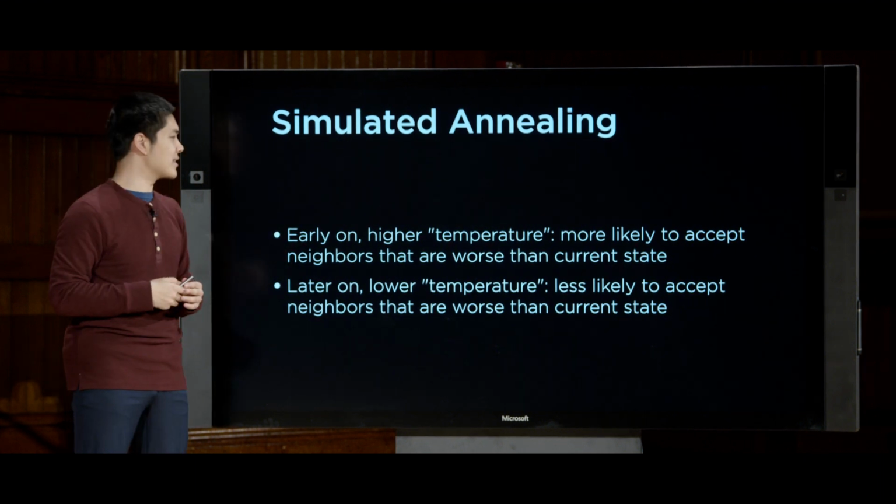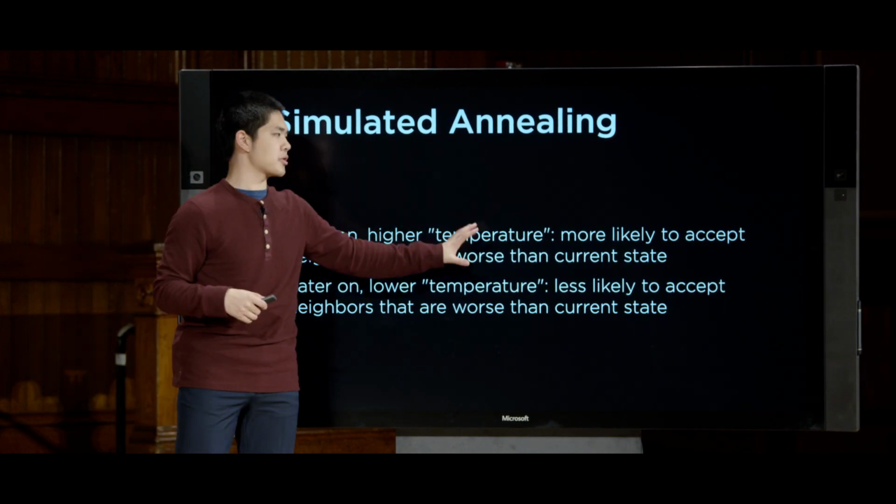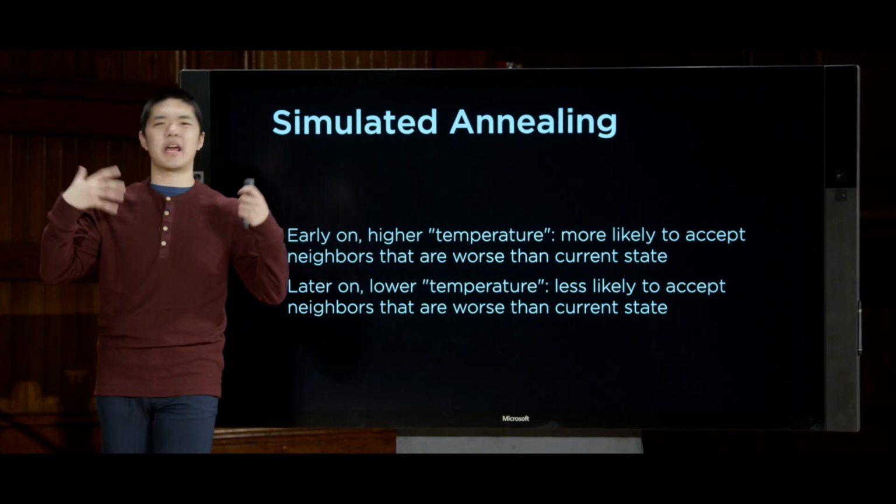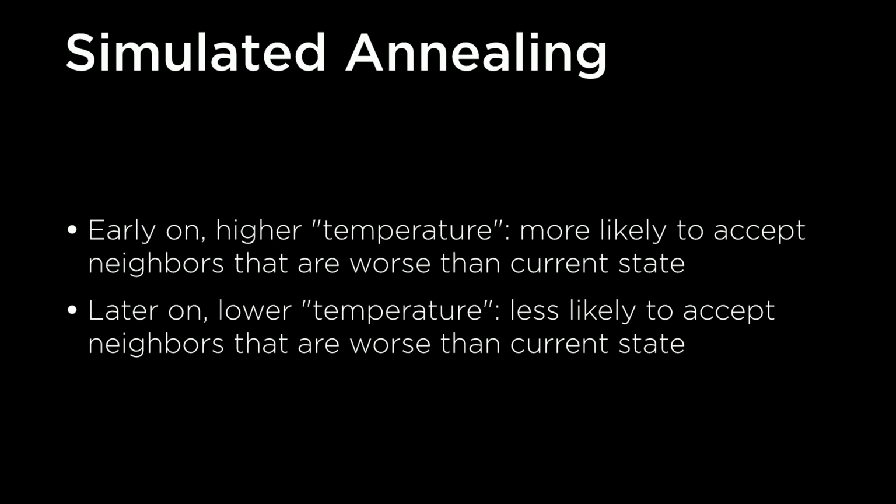Early on in simulated annealing, we have a higher temperature state. And what we mean by a higher temperature state is that we are more likely to accept neighbors that are worse than our current state. That we might look at our neighbors, and if one of our neighbors is worse than the current state, especially if it's not all that much worse, if it's pretty close but just slightly worse, then we might be more likely to accept that and go ahead and move to that neighbor anyways.